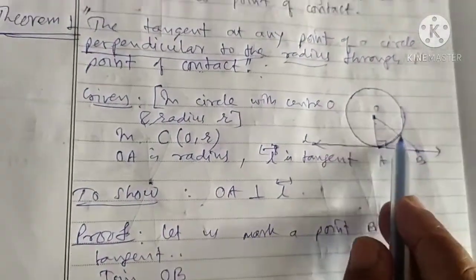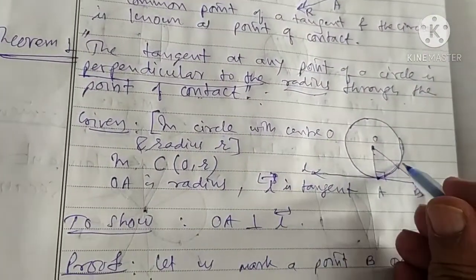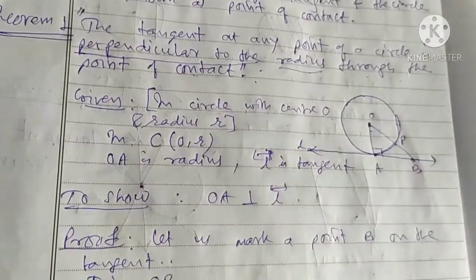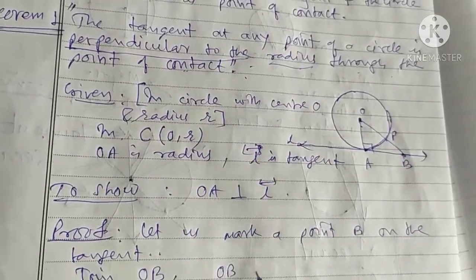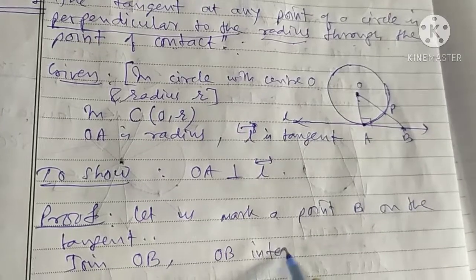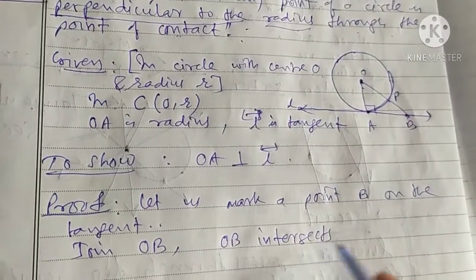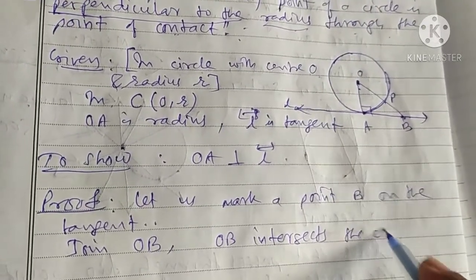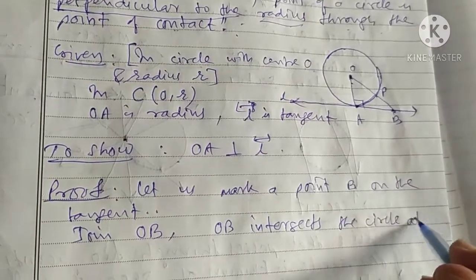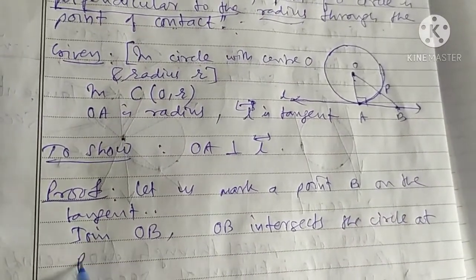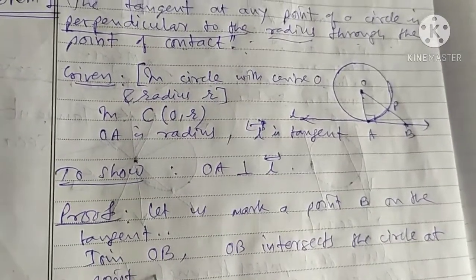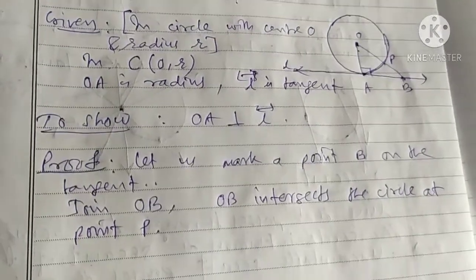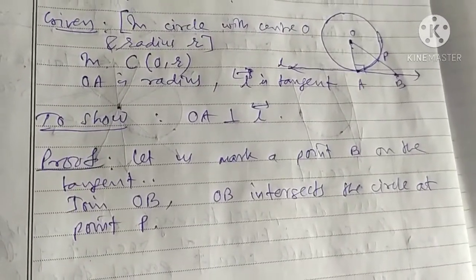OB intersects the circle at a point, say this point is P. Yes or no? Clear?